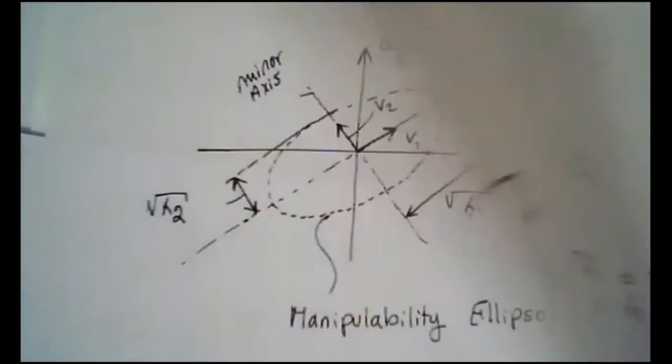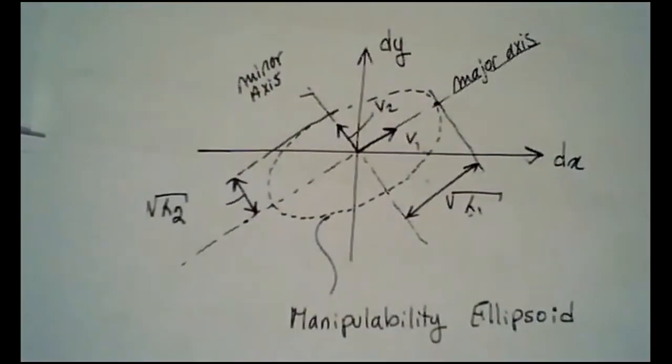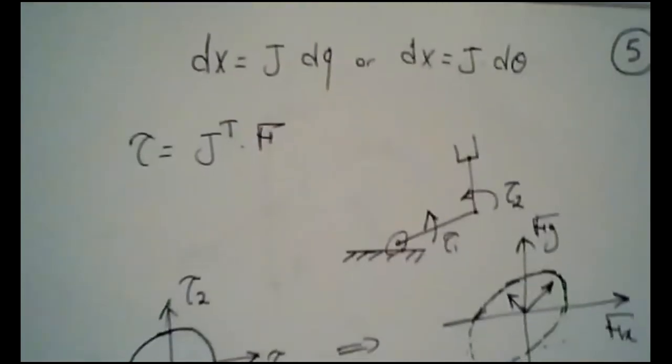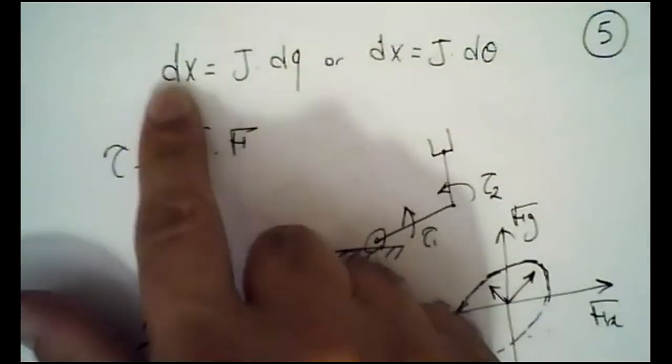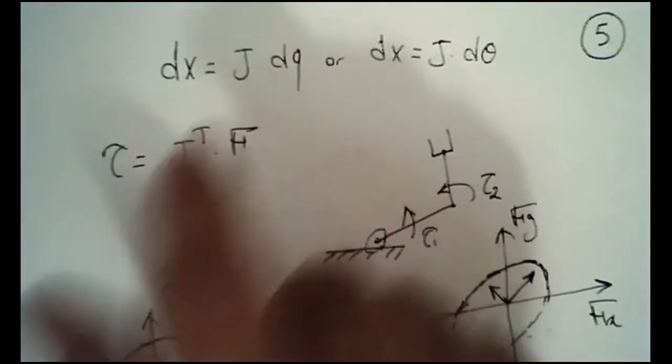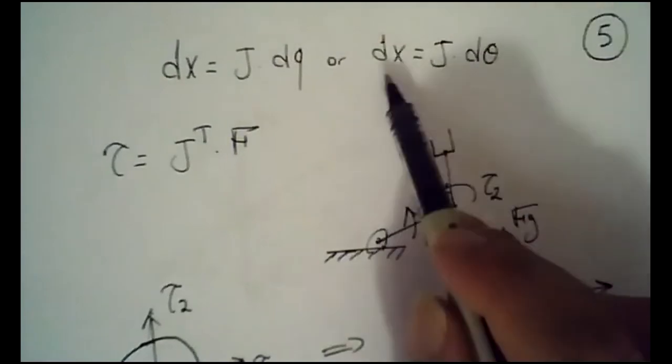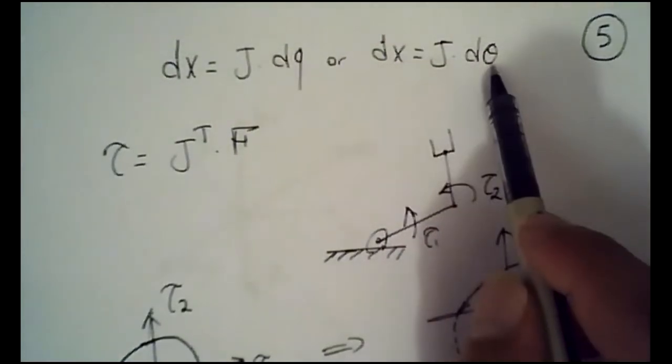Now, the other thing that I want to go over is that it turned out there's another interesting relationship, which actually occurs in the forces. I also know that my dx is equal to the Jacobian multiplied by dq, where dq is basically equivalent to d theta. So dx is equal to J d theta.